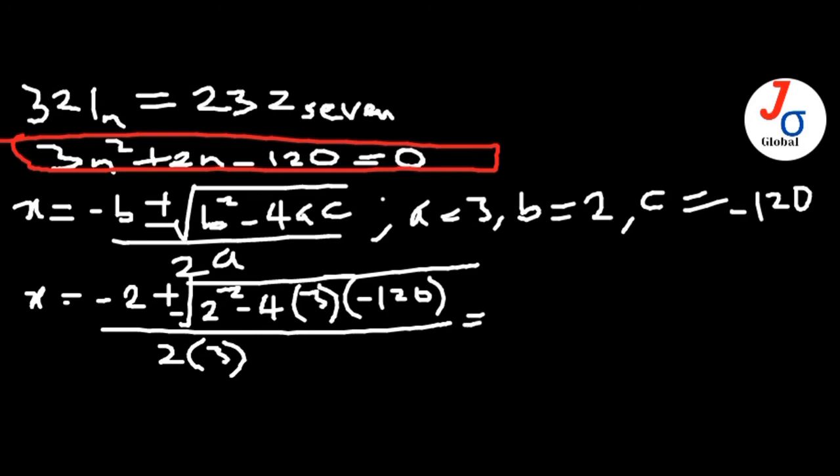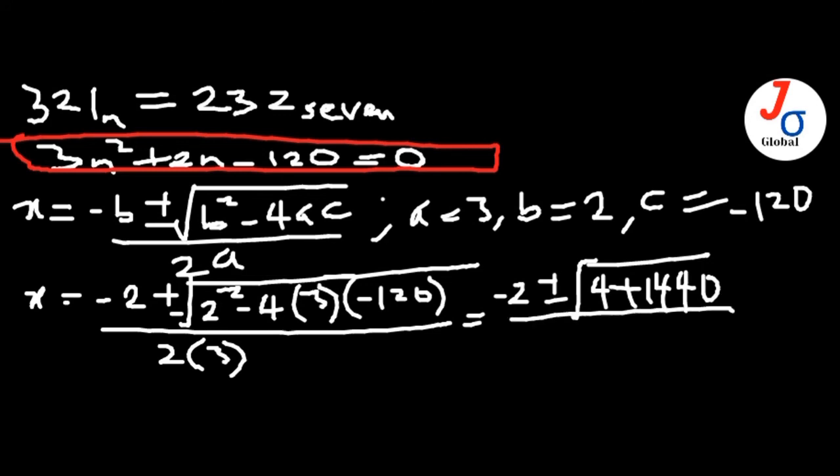Okay, and that gives us minus 2 plus or minus square root of 4. So minus times minus give us plus. So you have 4 times 3, which is 12, times 120, and that's 1,440. Then divided by 2 times 3, which is 6.